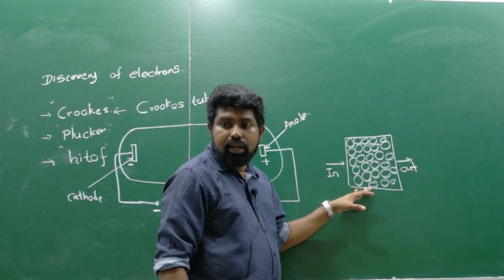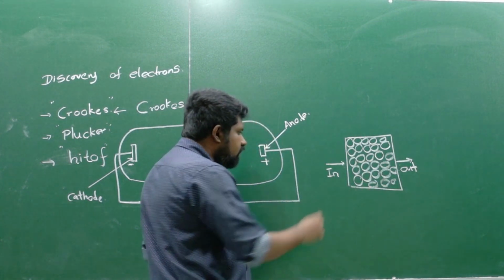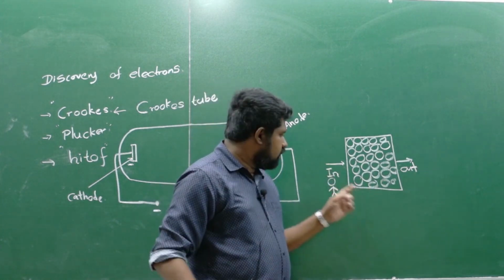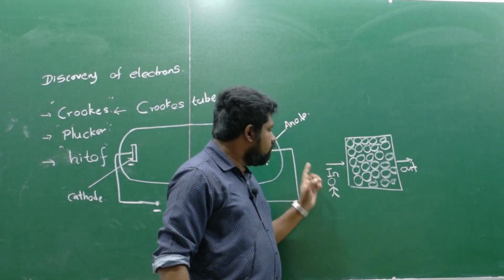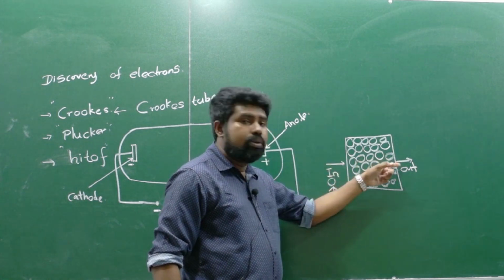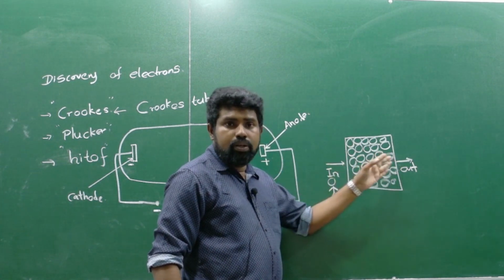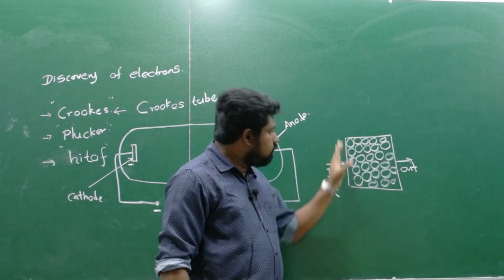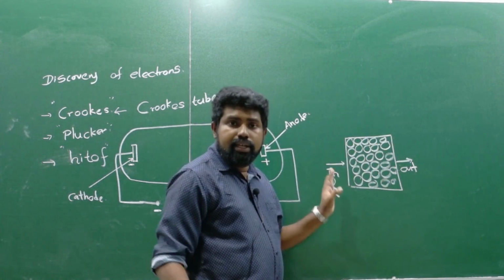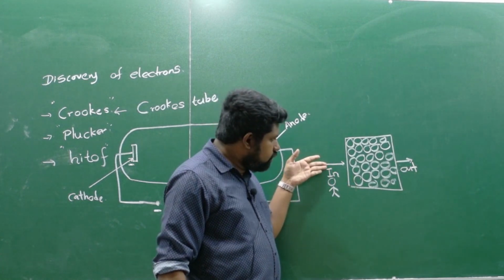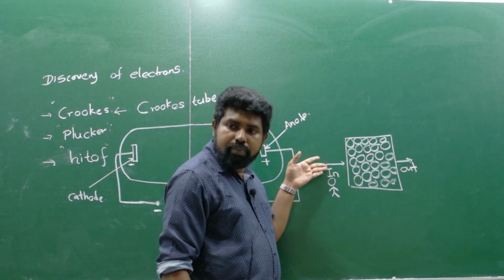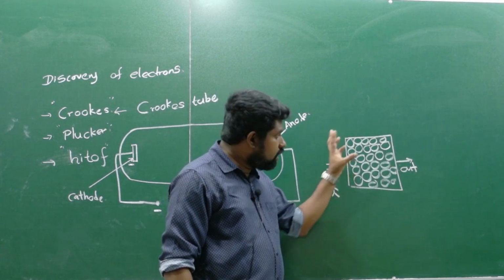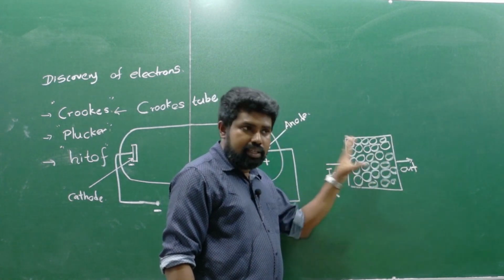If we try to pass any man or woman from this door to the other door, it is very difficult to go through the room because of the high packing of people. Like that, if we try to pass electricity through normal air, it is very difficult, because there are a lot of gas particles in air.